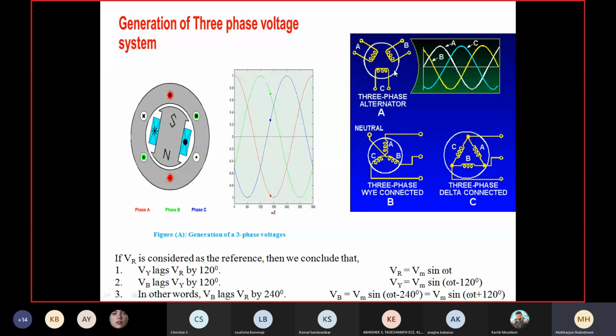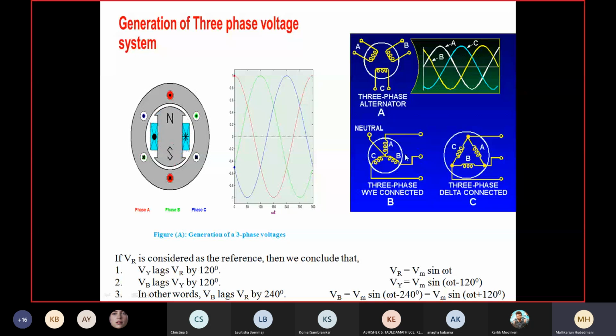Suppose the generator connection is star. I can read 2 different voltages: the voltage between line 1 and line 2, line 2 and 3, or 3 and 1. Between the lines, that is measured as the line-to-line voltage. The other is any one line with the common point. If I hold the meter and check, that is called the phase voltage.